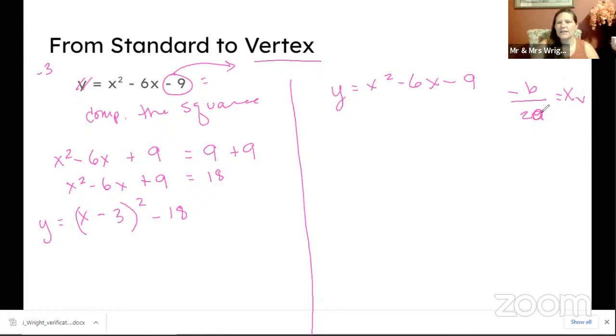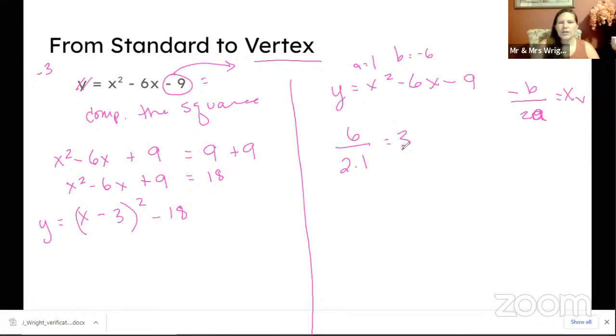This is an a, not a 9. So -b, the opposite of b. So the opposite of b would be +6 all over 2 times what? Times 1, because a is 1. b is -6, a was 1. Okay, so the opposite of b over 2 times 1, that's 6 divided by 2, which is 3.